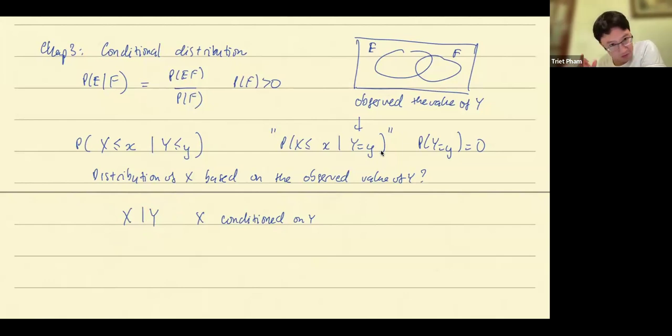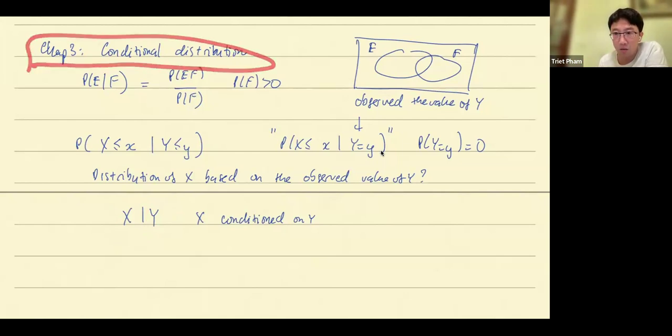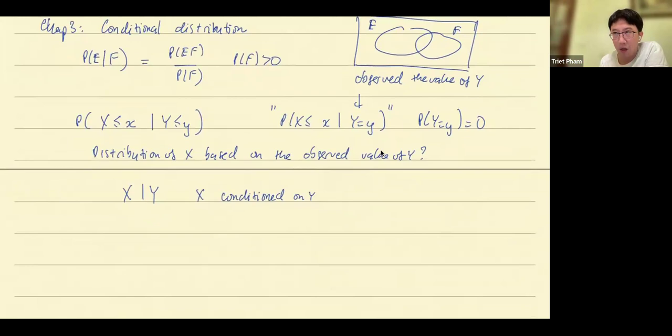So again, let me say this without exaggeration, I am advertising the difficulty of chapter 3 and yet its importance in moving forward to understand stochastic processes. So without further ado, let's jump in.